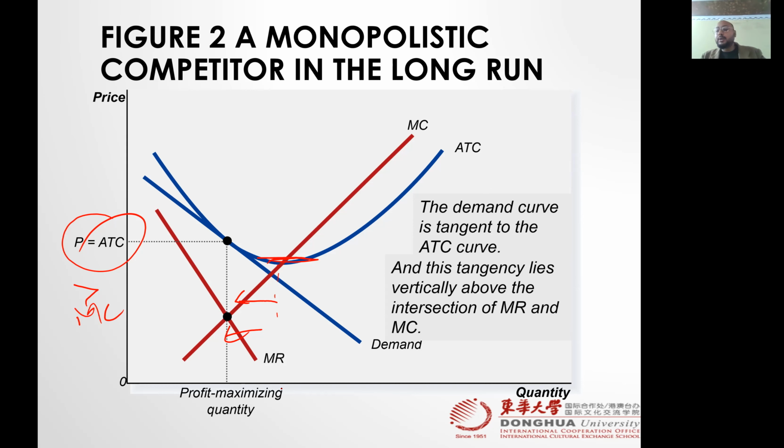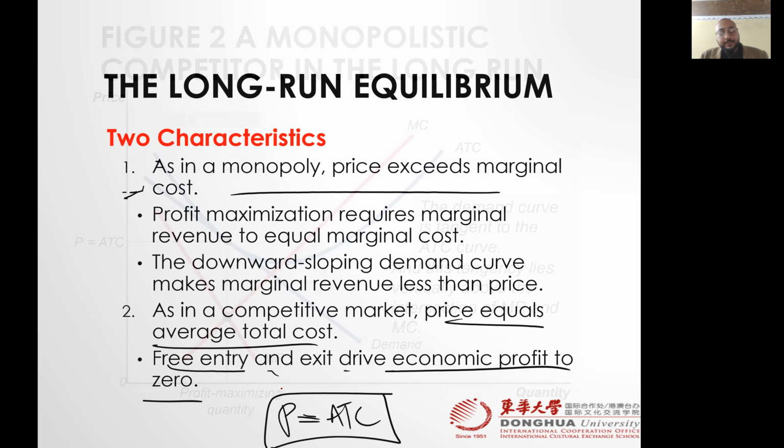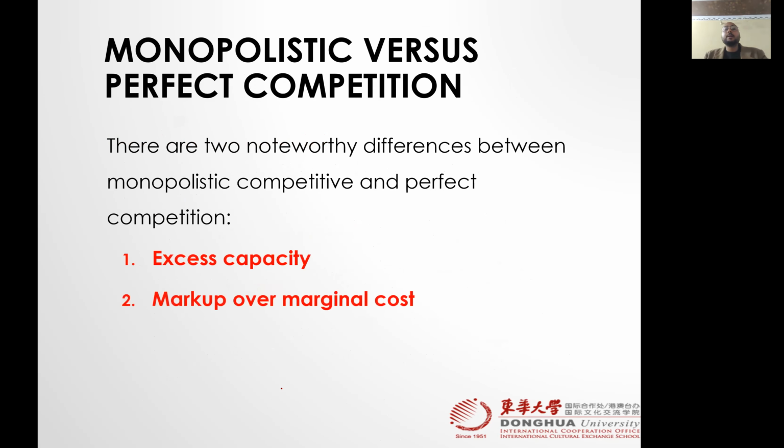We have two names for them: excess capacity and markup over marginal cost. When price is greater than MC, we call this markup over MC. When production is less than efficient scale, we call this excess capacity.